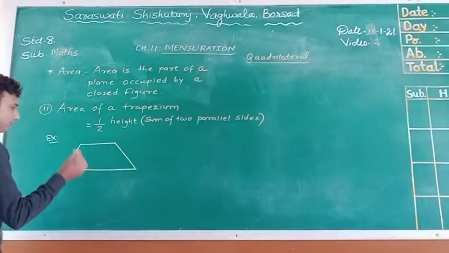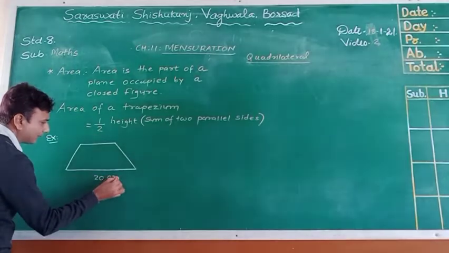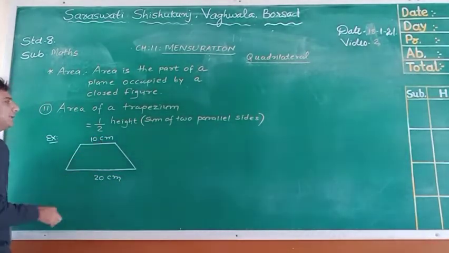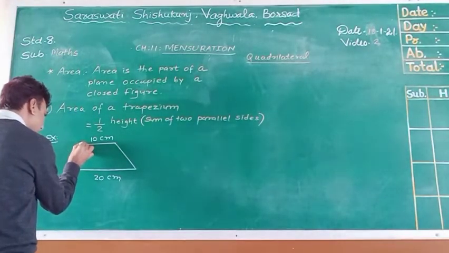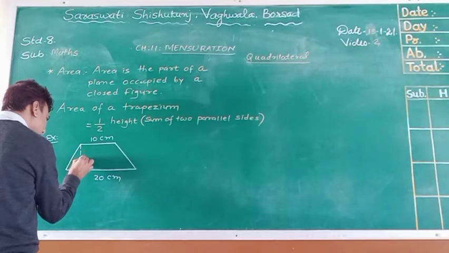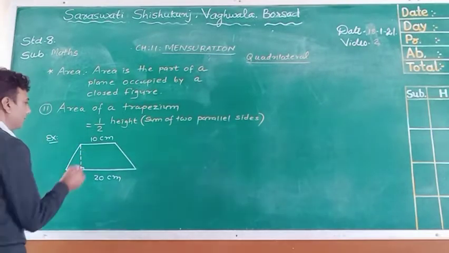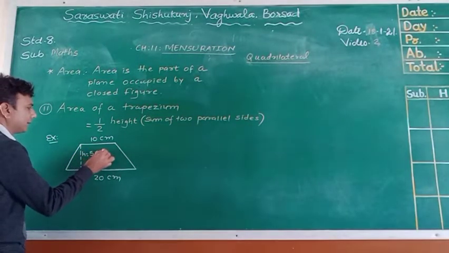So simple. Suppose this measurement is given as 20 centimeter and this is 10 centimeter, and the distance between these both parallel sides, suppose we say the height is 5 cm.